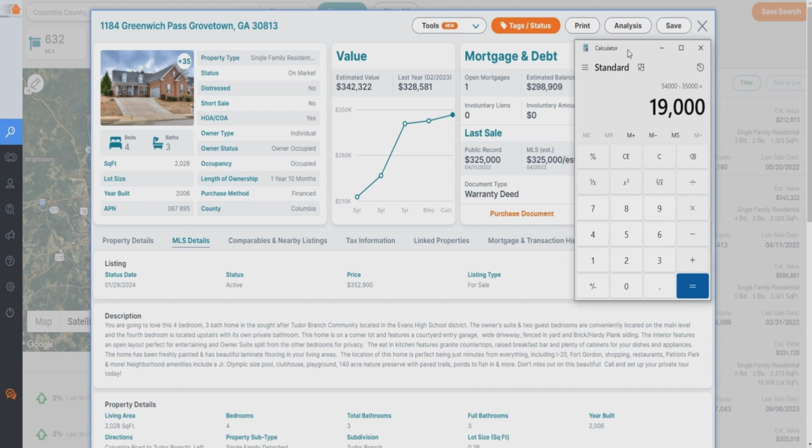And so your option here again, one of two things: either pay the $19,000 of equity as a second note, or purchase the property at $19,000 subtracted from the current list price. So in this case here, it would be 352.9 minus 19,000, and you'd be buying the property at 333.9.